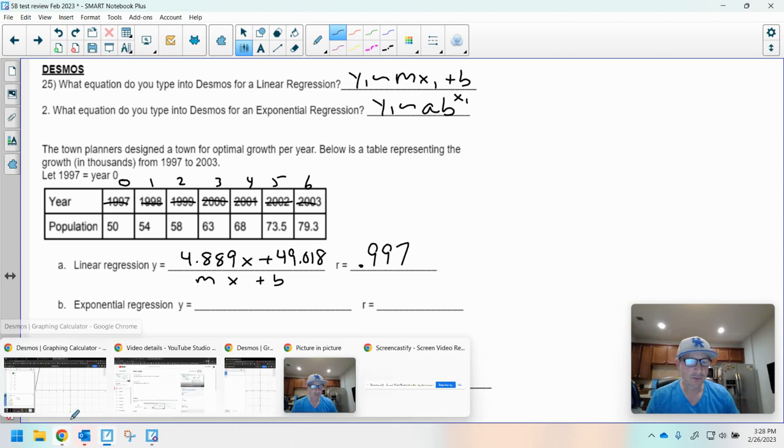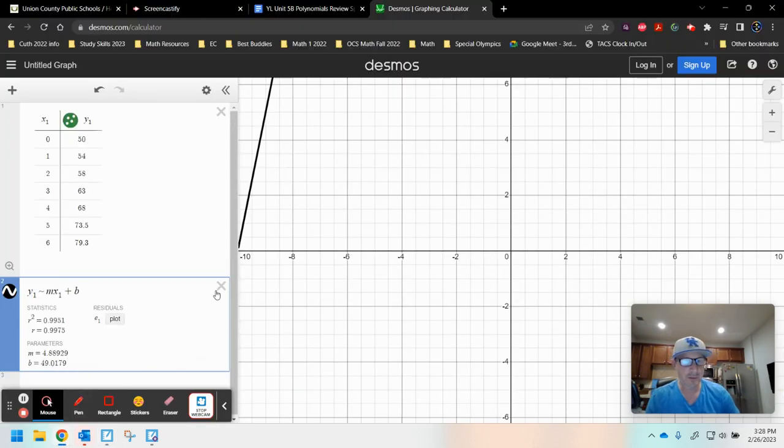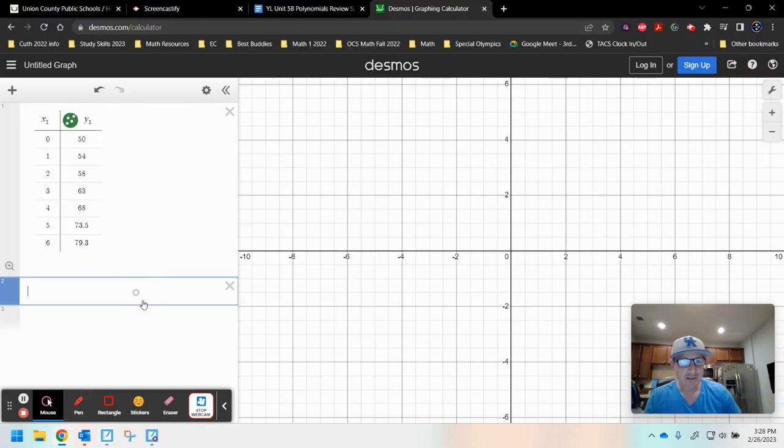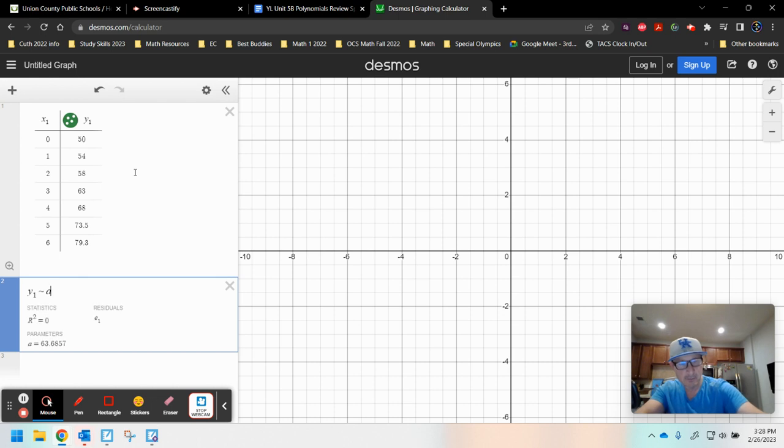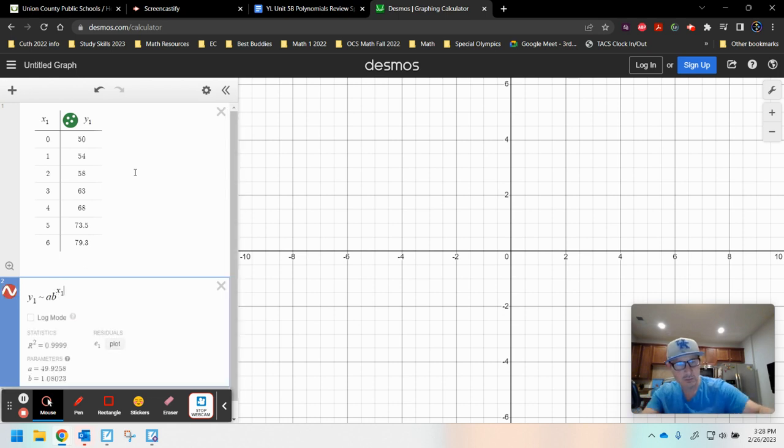All right, how do we do the exponential regression? We talked about the formula before. So it's going to be y1 with a squiggly, a, b, raised to the x power, shift 6 gets you up there, x1.